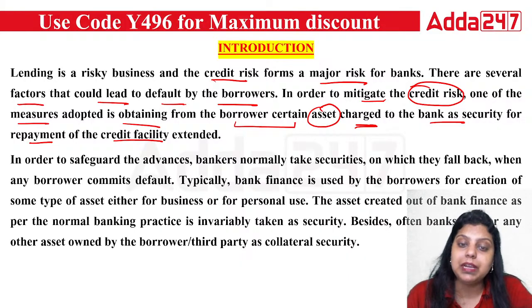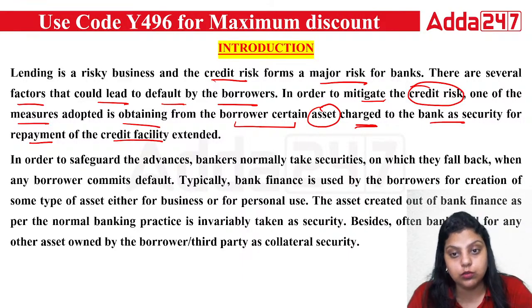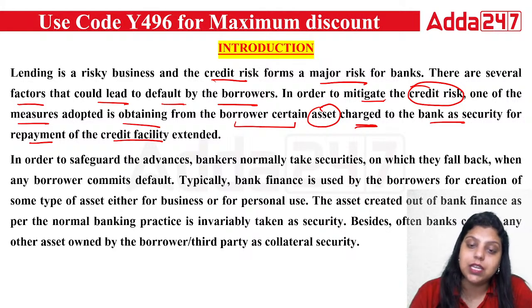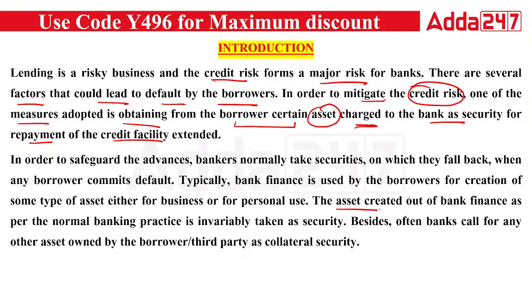Typically bank finance is used by the borrowers for the creation of some types of assets, either for their business purposes or personal use. For multiple reasons, customers take loans from a bank. The assets created out of the bank finance, as per normal banking practice, are invariably taken as security.